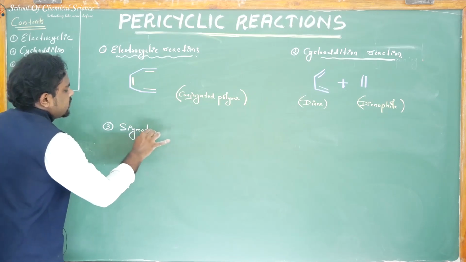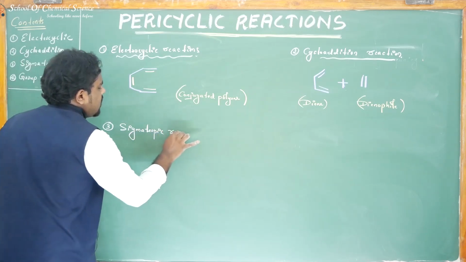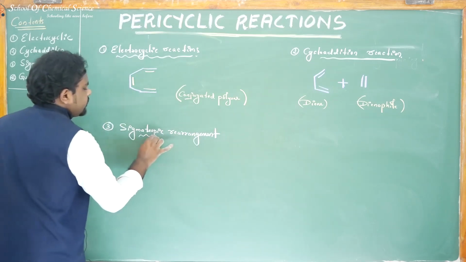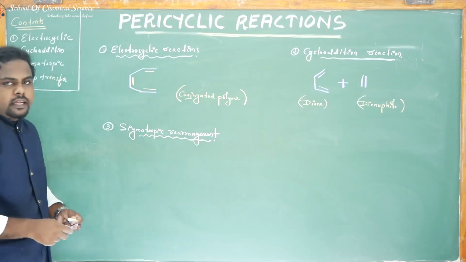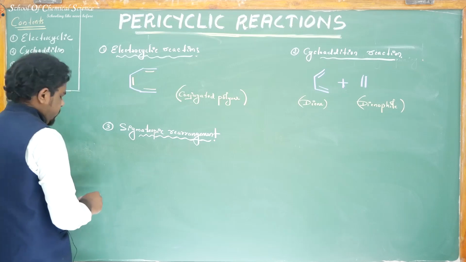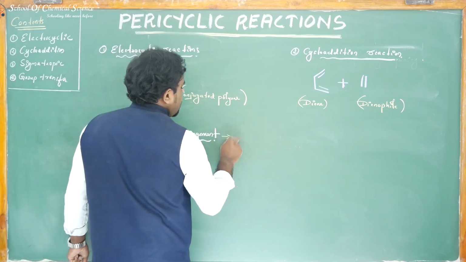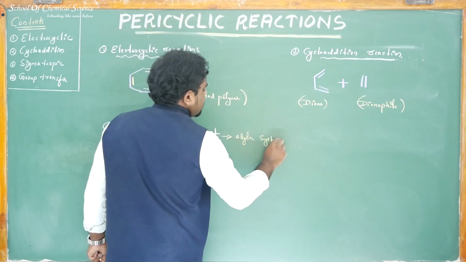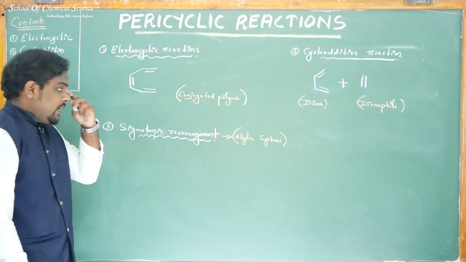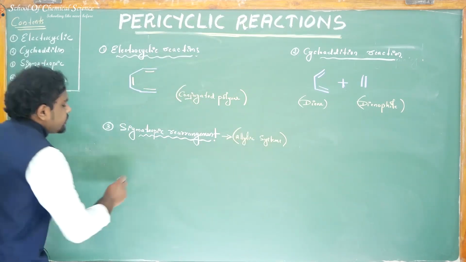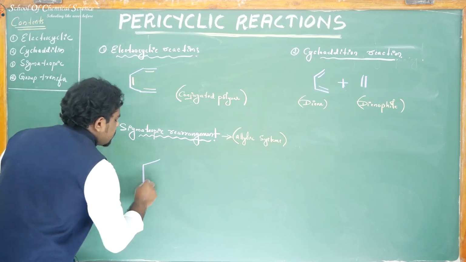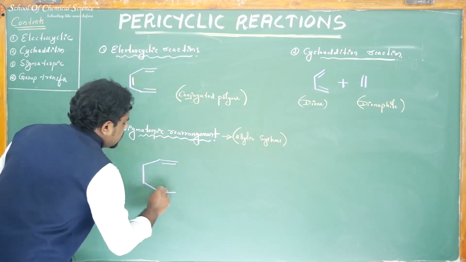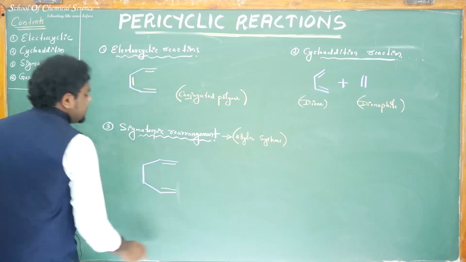Third one, sigmatropic rearrangement. Sigmatropic rearrangement is shown by allylic systems. For example, what is the allylic system here?